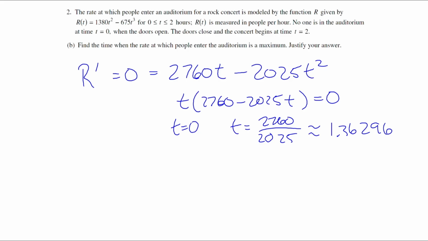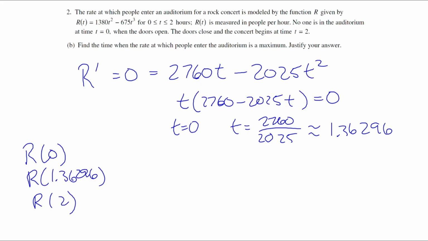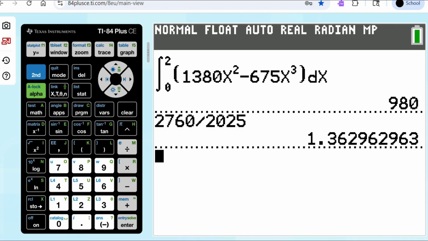And so now we just want to evaluate what's r of 0, what's r of 1.36296, and what's r of 2 to see which one is the largest. R of 0 we can see, I think, pretty easily is 0. So now we'll just use our calculator to evaluate the other two.